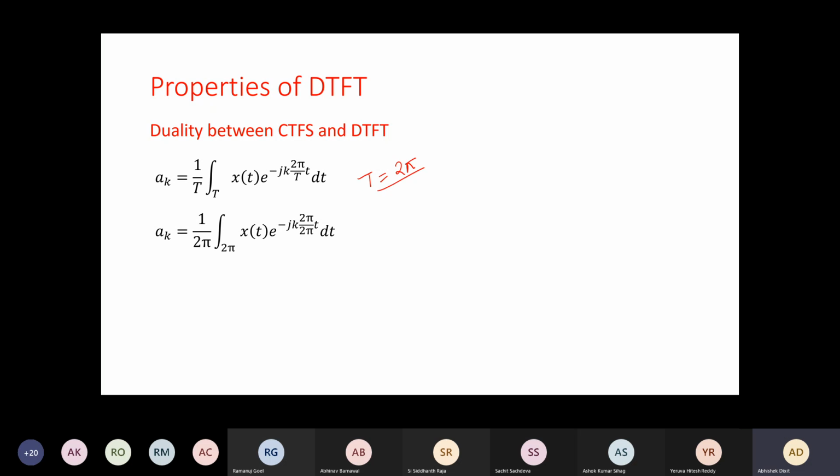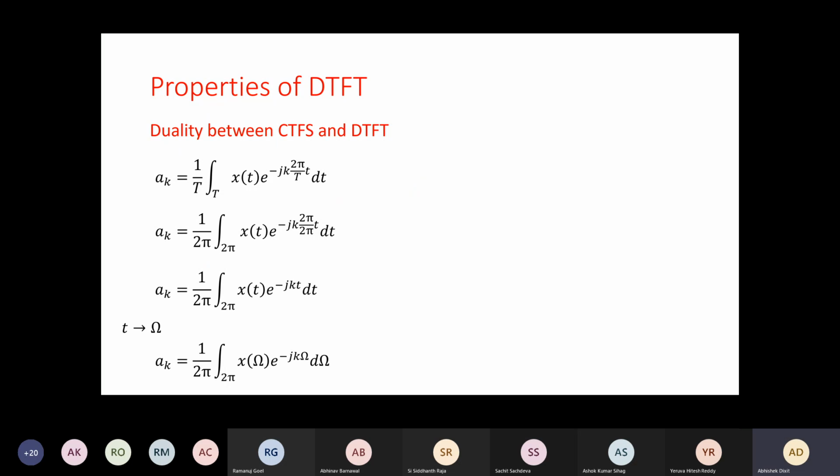I could do that. Suppose the period of my signal is 2 pi. That's one specific case, right? So if the period of my signal is 2 pi, if xt has a period 2 pi, then I can simply write this as this. Okay, no problem.